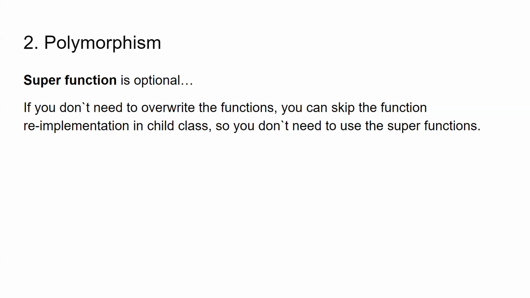Once you inherit the functions, member functions and attributes from your parent class, if you want to modify some, to make it different from the rest of the plants, you can do that. But if you don't actually want to make any changes, you don't have to. You can just not write that function. Just skip the function in the implementation. You don't have to use the super function.